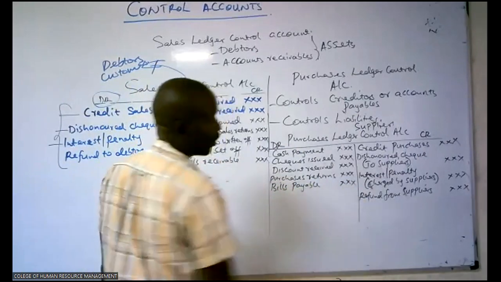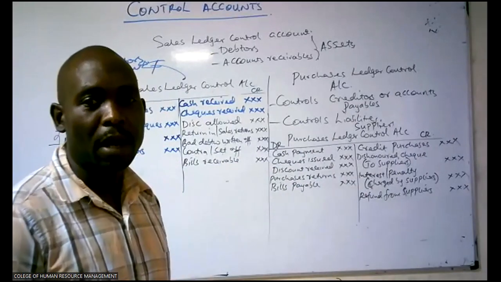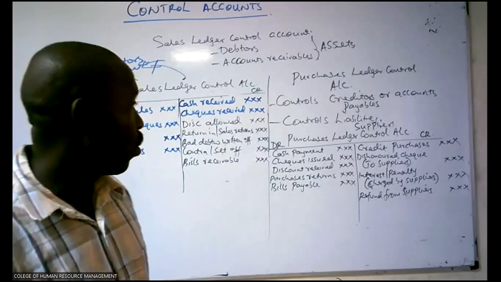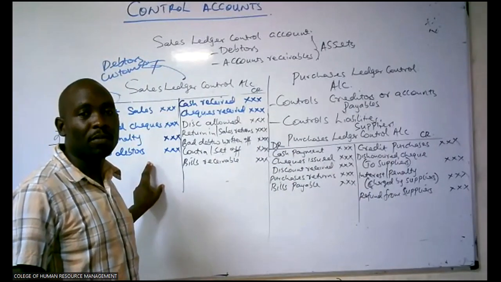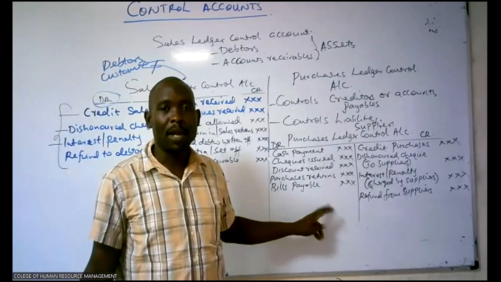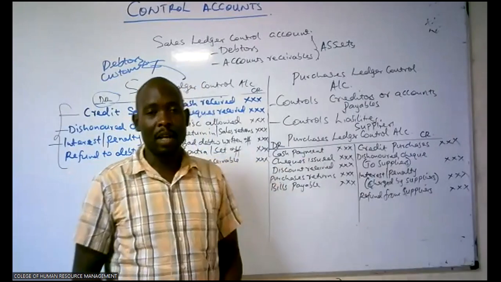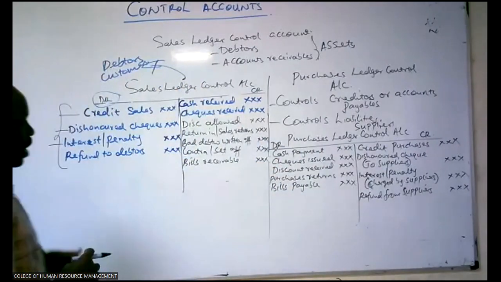When we issue a bill of exchange to them, it is like we have paid them. Remember, I told you a bill is like a mode of payment. When we receive it, it's like we have been paid, so it reduces what we expect from the customer. But when we issue a bill of exchange, the bill payable, it's like we have paid that particular supplier, so it reduces the amount that we're supposed to pay.